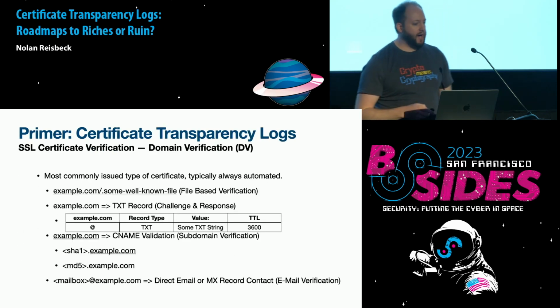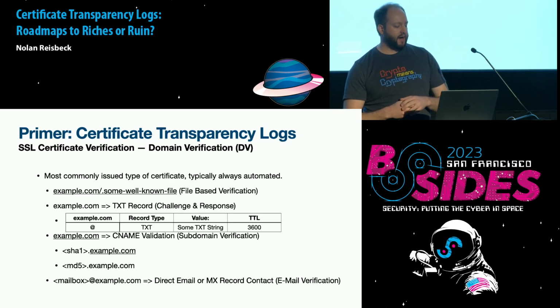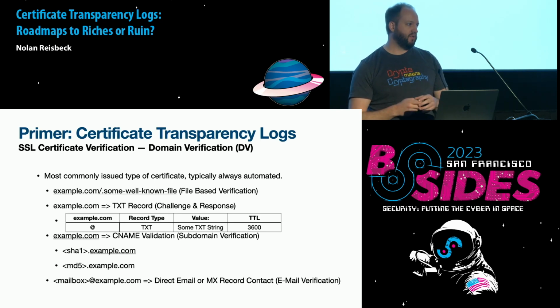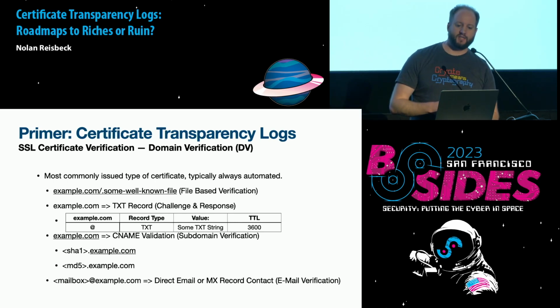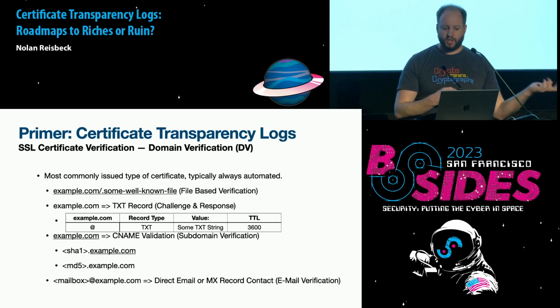So a brief primer on certificate transparency logs. We've got 3 different types of SSL certificates out there. The vast majority of SSL certificates, when they're issued, are going to be domain verified. What that means is that you just have to present some modicum of control over the record for the domain that you're requesting, whether that's a verification or validation through some well-known file at a path, like an HTTP request.